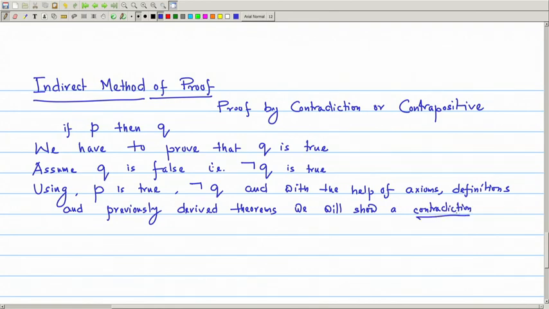What is a contradiction? We have to show Q is true, but we assume negation Q is true.